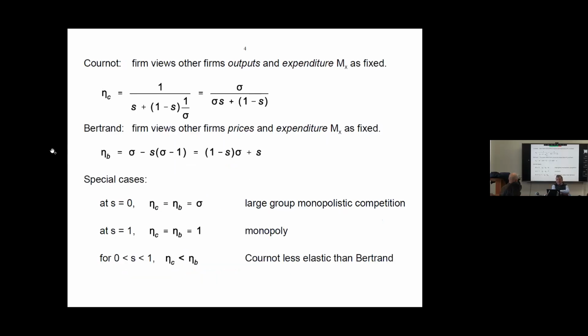I also have some notes deriving, I don't think I sent them. It's called the Bertrand-Cournot algebra that took me a day at least to work out. But if you look at the elasticity of demand for an individual variety in this model, you can get these two formulas. The top one is for Cournot competition.